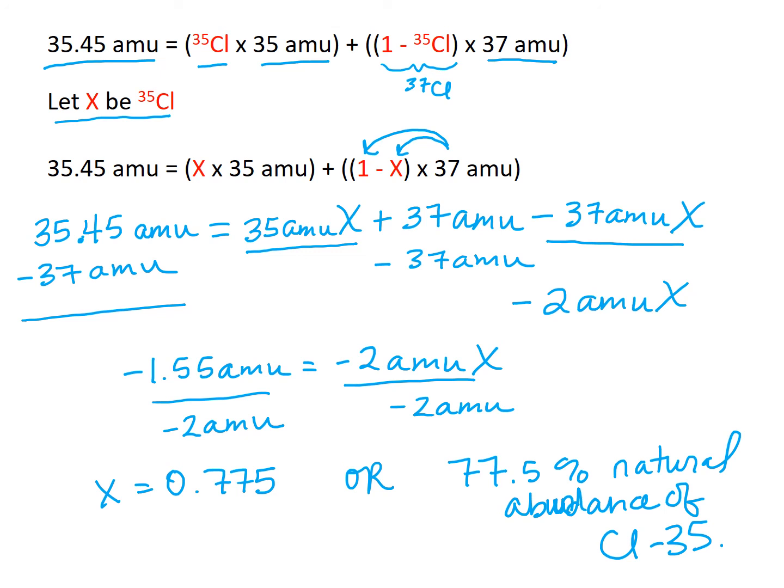Okay, and so if I take this, right, and I've got 77% of chlorine 35, I can also go 100% minus 77.5% gives me 22.5% chlorine 37.